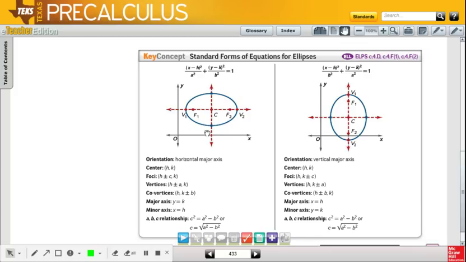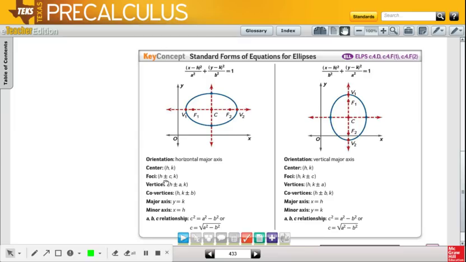So let me go over this. Based on the one on the left, where the a squared is underneath x minus h, the orientation is a horizontal major axis. The center is h comma k. The foci are h plus or minus c comma k, which means you have two focus points, so you're going to do twice the work.